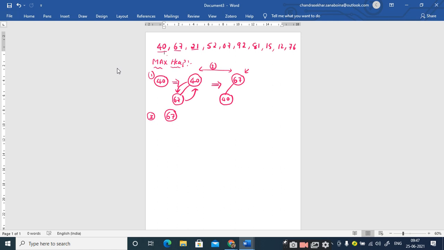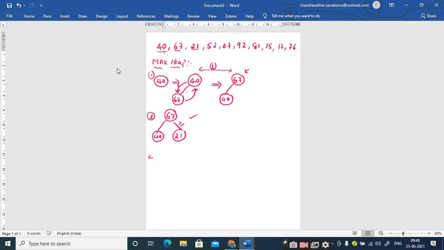According to the shape property, you should place the 21 as the right child of 67. Now you are done with the first property. Now you have to check the second property. The max heap property says that the root node should be greater than or equal to the child node. Is it satisfied or not? Yes, sir. Satisfied. Therefore nothing to do here, leave it.